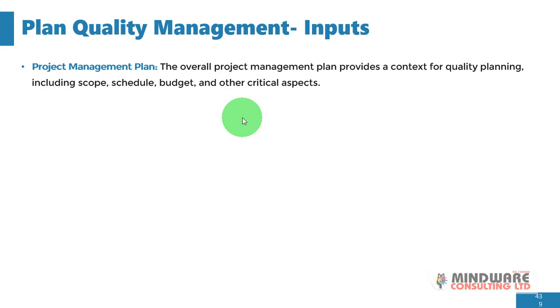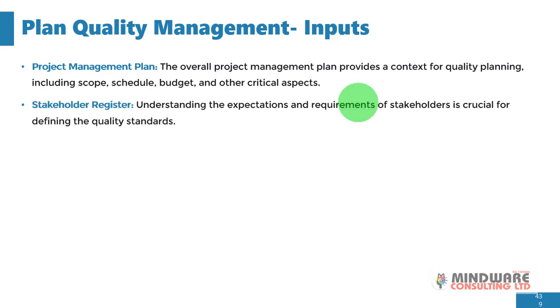It gives you the context, the basis, the platform for planning the quality of your entire project, and that will encompass the scope, the schedule, the budget, and other critical aspects of your project. So the project management plan is a very critical input in this sub process.